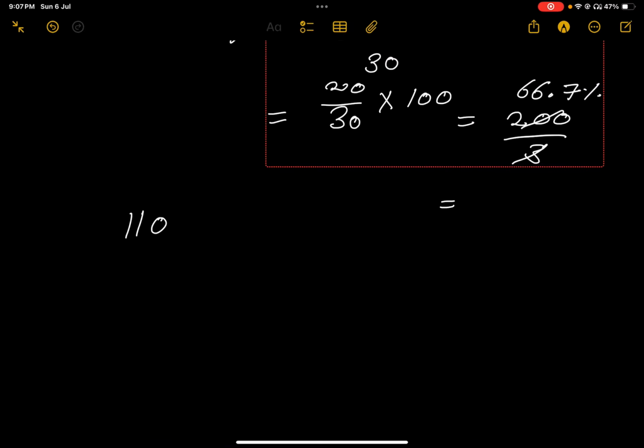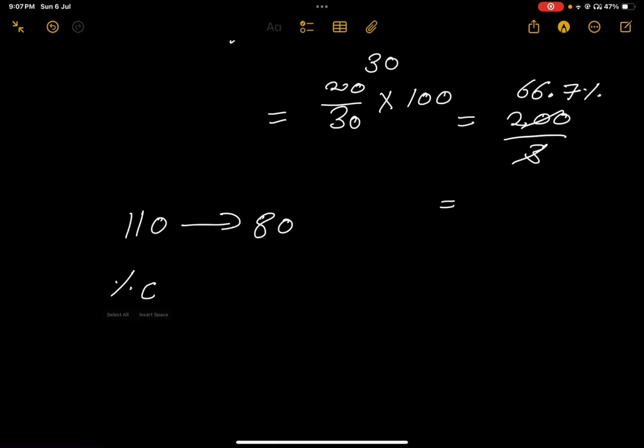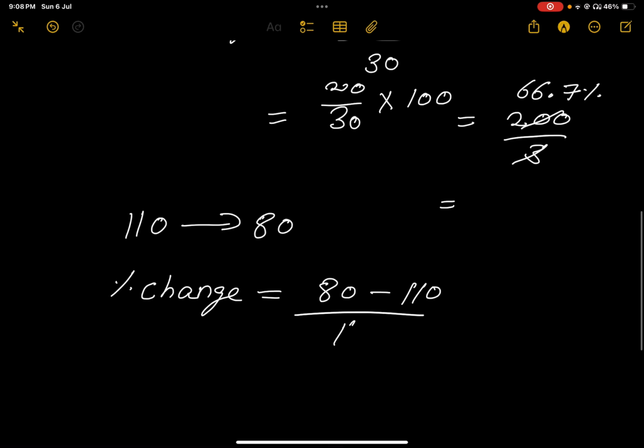Another question is, if we change 110 to 80, what is the percentage of change? We already know the formula, that the percentage change is new number minus old number divided by old number into 100.